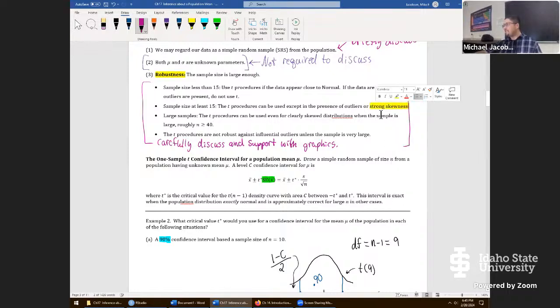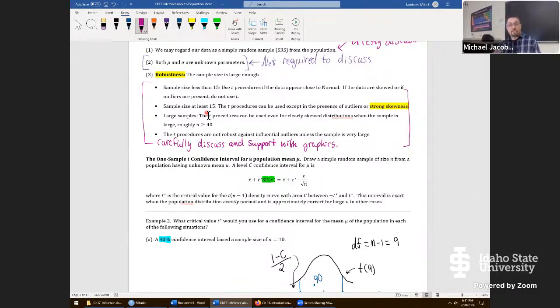We're not looking for any kind of skewness. A little bit of skew is normal in random data. It's to be expected. We're looking for skewness severe enough that we would never say at least roughly symmetric. We would say highly skewed at that point. If that's the case, and your sample size is at least 15 but below 40, we cannot use the t-distribution. It's not robust enough against that level of skew.